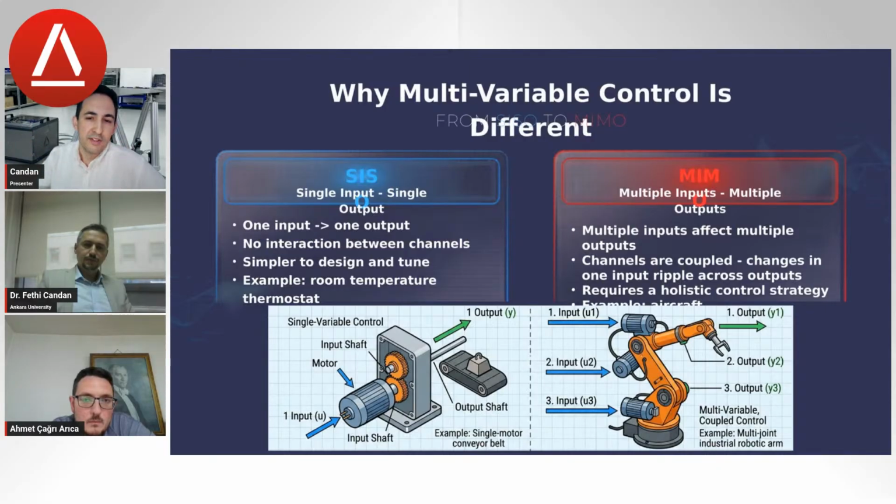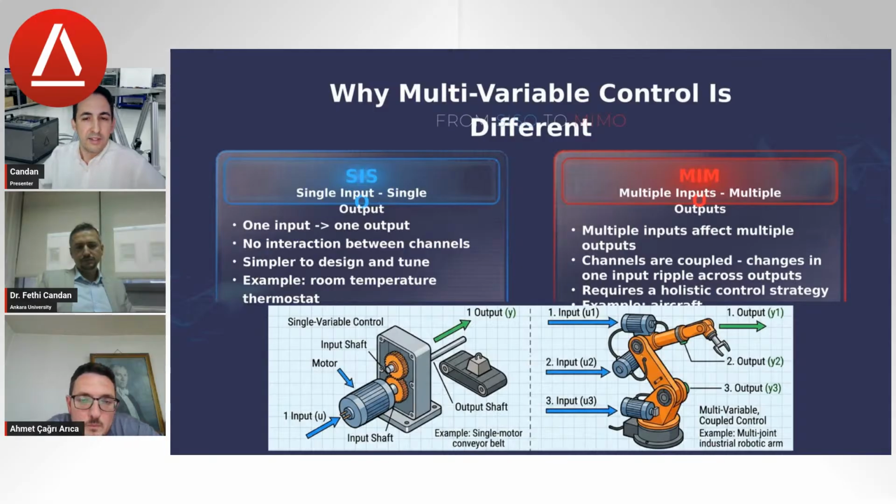So, for example, if we apply some input to motor number 3, which is U3, the end effector, the gripper that is seen over here at the end of the robot, will move, but it will move in very different directions as well, not only a single direction, but in multiple domains or multiple directions.